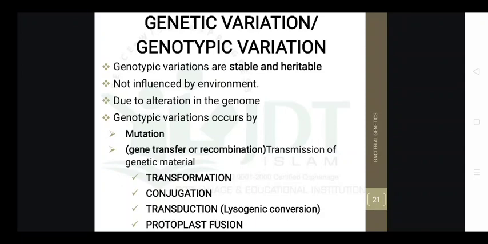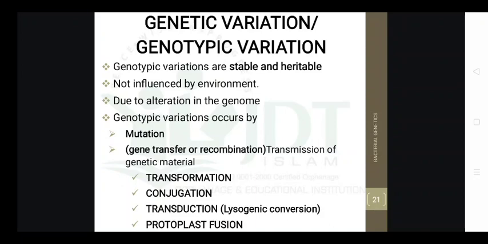It will not change its genetic constitution unless it is combined with the genetic material of another cell. Now, how can genetic variation occur? Usually genotype variations are stable and heritable, and are not influenced by the environment. It may be changed due to alteration in the genome.